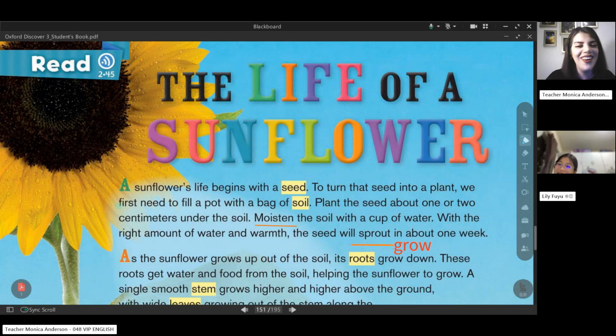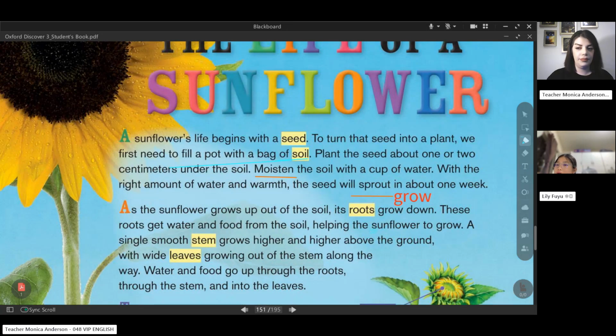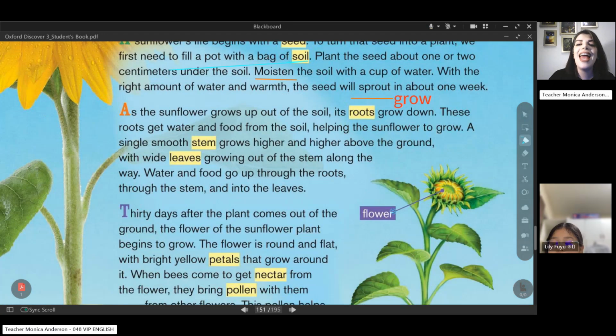So we put it in and cover it, then water it. Then the seed will sprout in about 1 week. Yeah, very good.